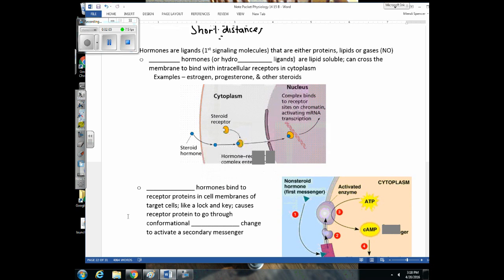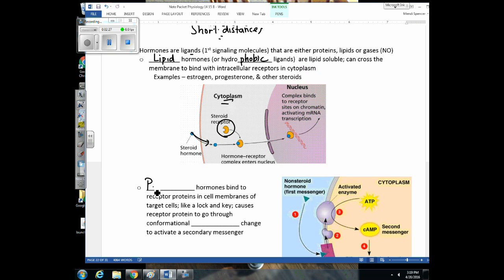We've already talked about signaling molecules, ligands, and the difference between hormones that are lipid-based versus protein-based. Again, just to emphasize, your lipid hormones are going to be hydrophobic, nonpolar, and they can cross the membrane, and they're going to bind to a receptor, but that receptor is in the cytoplasm.